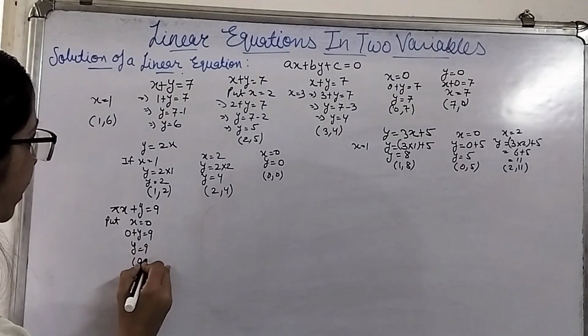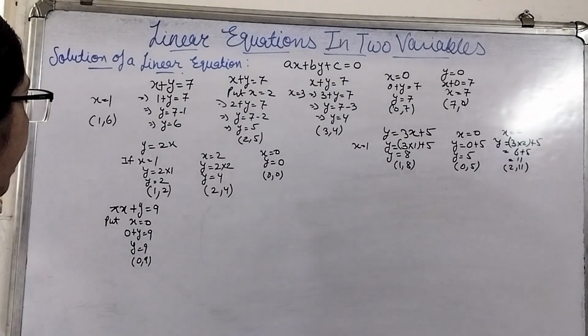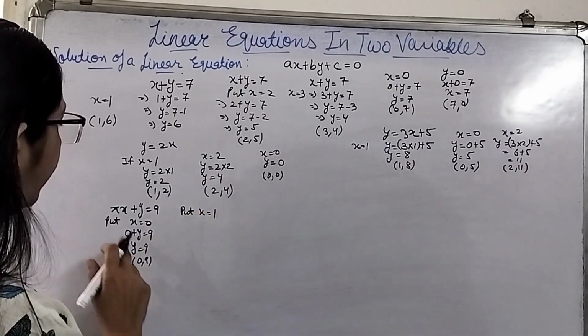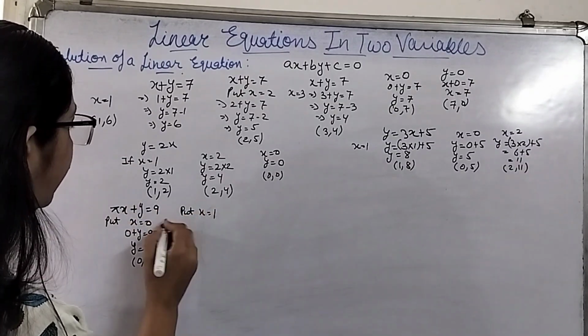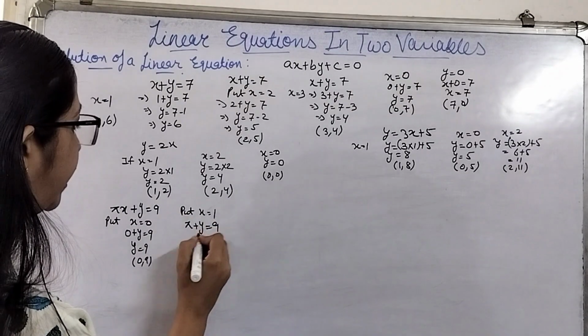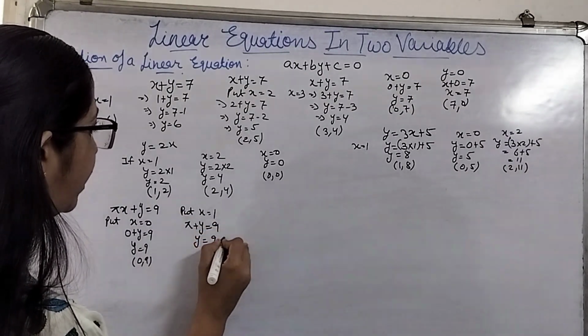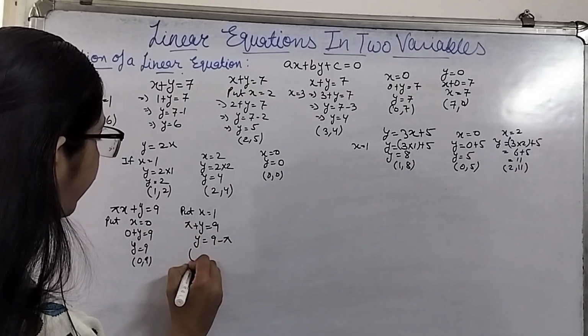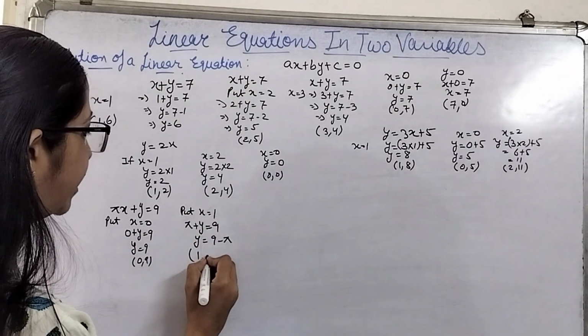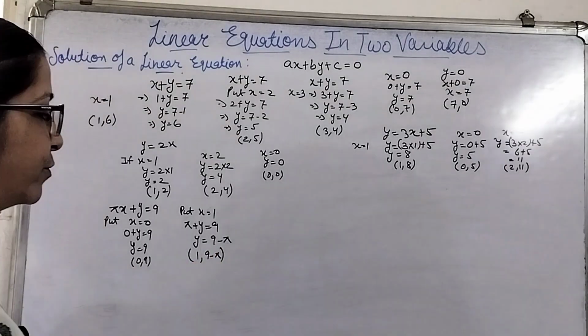So (0, 9) will be one of the solutions. If I keep x equal to 1, then pi multiplied by 1 will become pi only. Pi plus y is equal to 9, and y will be 9 minus pi. So x is 1 and y is 9 minus pi is one of the solutions.